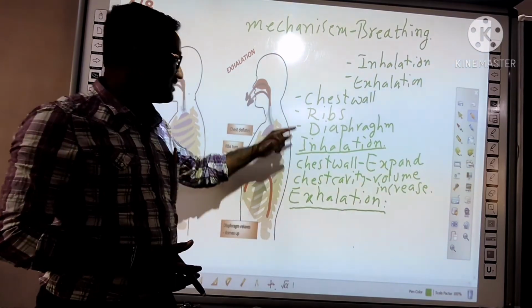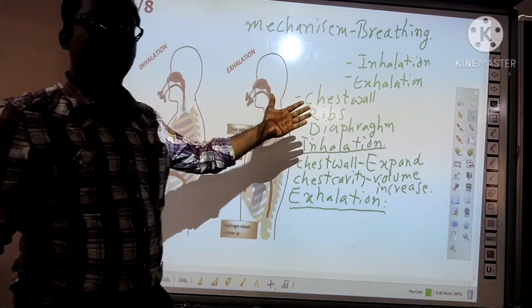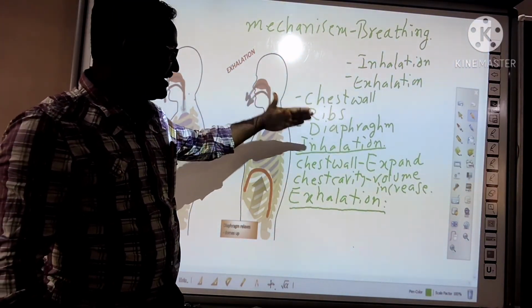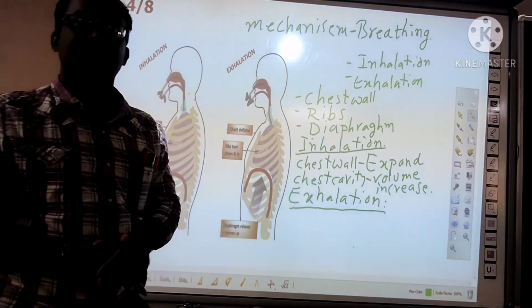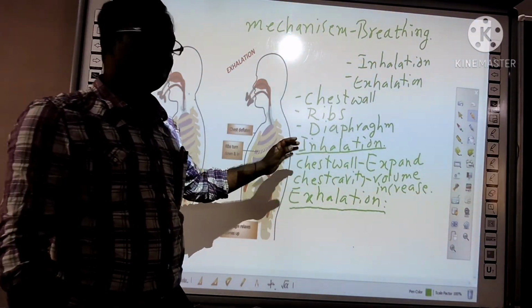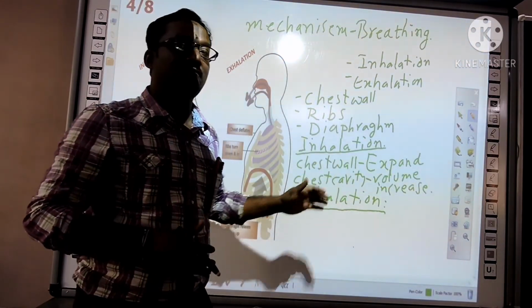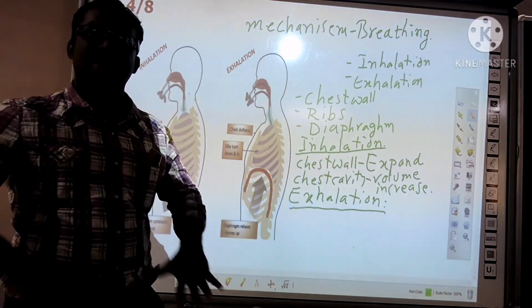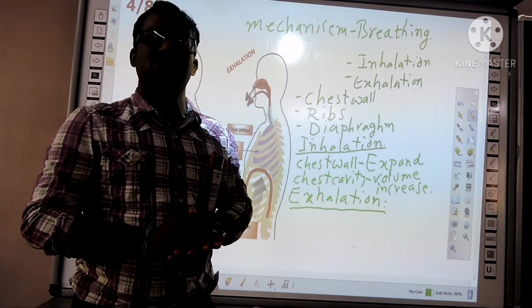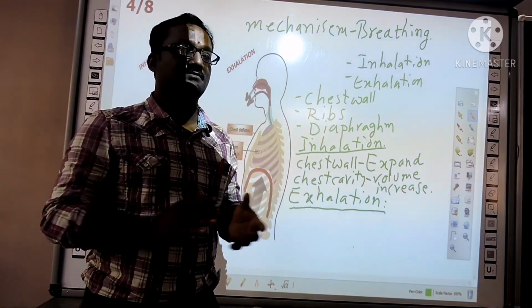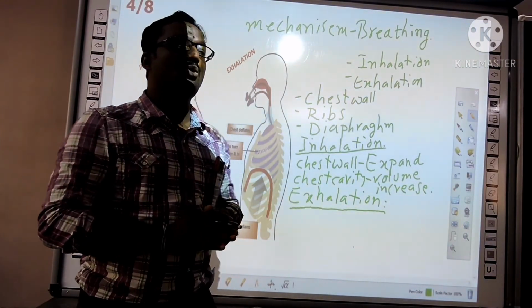So once again, see the differences or actions during inhalation and exhalation. In inhalation, the chest wall expands, the diaphragm contracts and becomes flattened, the volume of the chest cavity increases, and the air moves into the lungs.